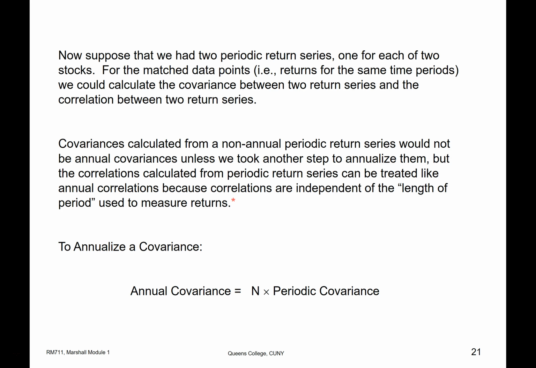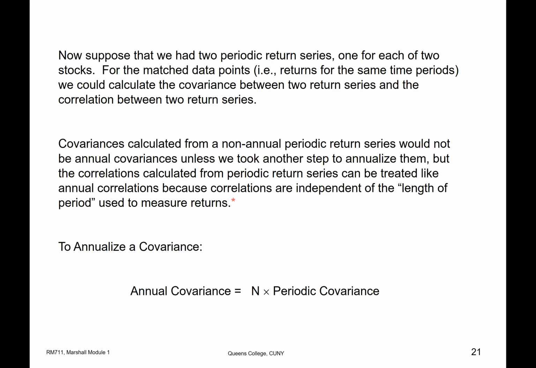So suppose, as in our example, we have two periodic return series, one for each of two stocks. For the matched data points, right, the returns at the same periods in time, we can calculate the covariance between the two returns and the correlation between the two return series. And covariances calculated from a non-annual periodic return series would not be annual unless you took another step to annualize them.